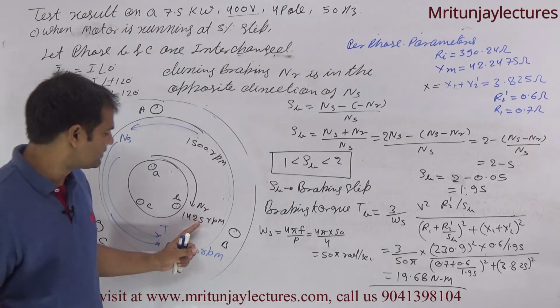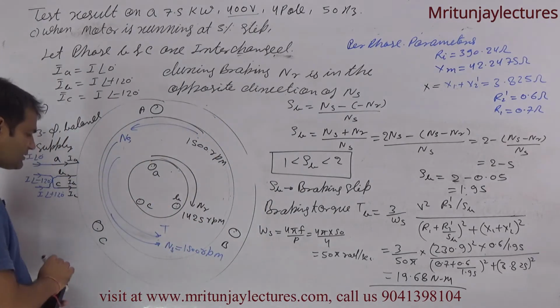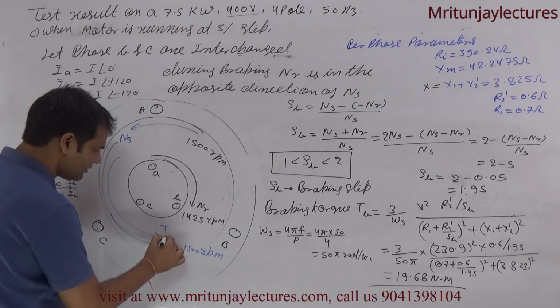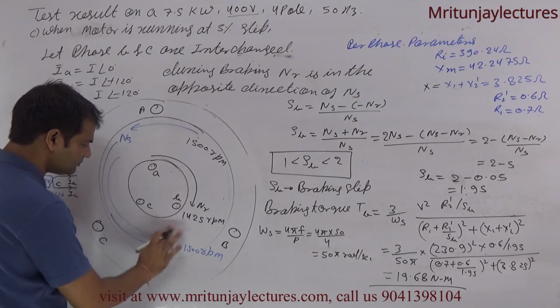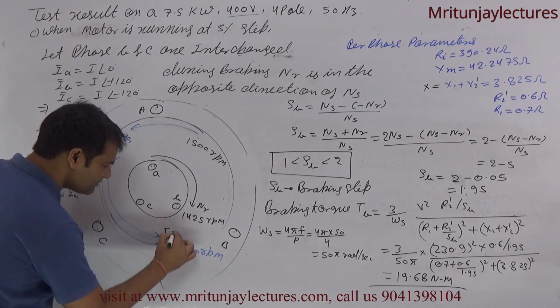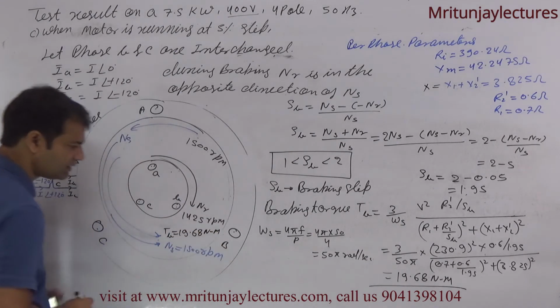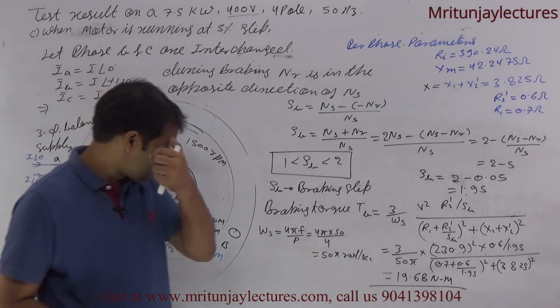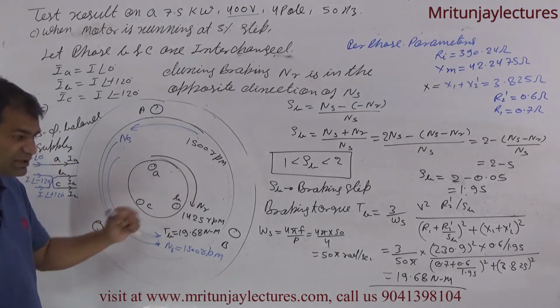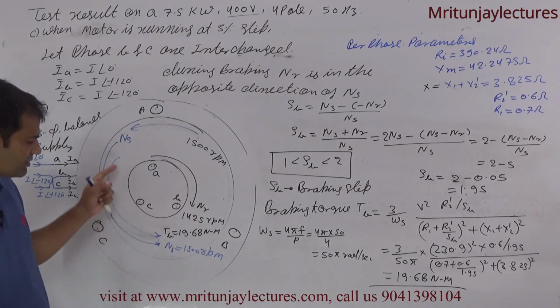What about rotor speed? Direction of torque developed: TB is equal to 19.68 Newton meter. That is braking torque. What about speed? Rotor speed decreases. Why? Because of the direction of TB.